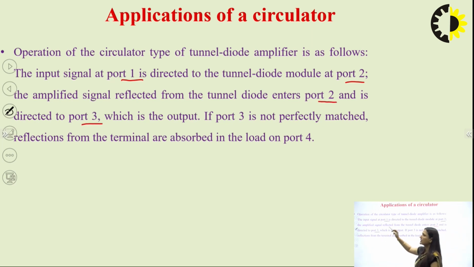It means if there is reflection from the tunnel diode, it will be sent to port number 3, which is the output port. If port 3 is not perfectly matched, reflection from the terminals is absorbed in the load at port number 4, because at port number 4 we have connected a matched load. So this complete reflection will be absorbed at port number 4.